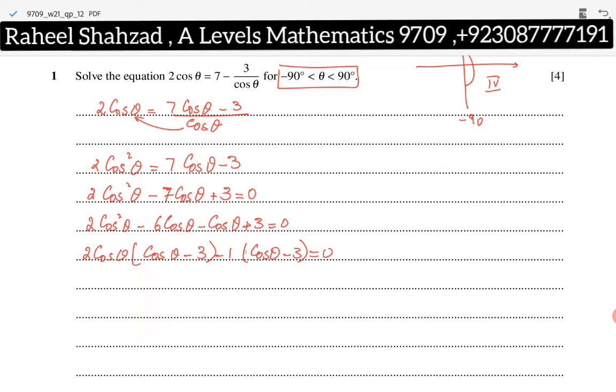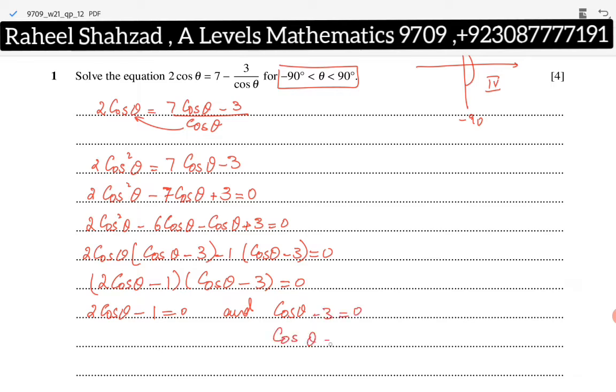So the factors would be 2 cos theta minus 1 and cos theta minus 3 is equal to 0. Now product is 0. We can take 2 cos theta minus 1 equal to 0 and cos theta minus 3 is equal to 0.